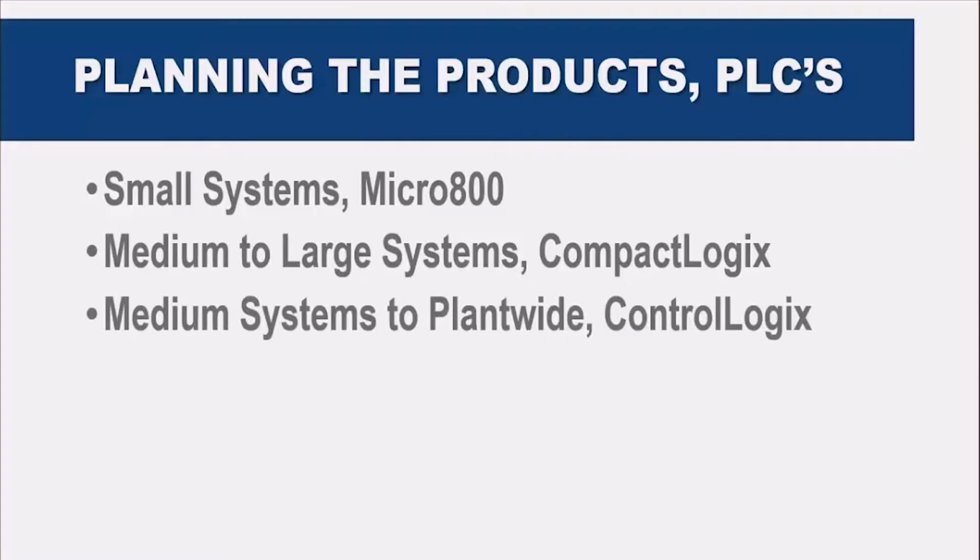Medium size to plant-wide or enterprise level, some people hear that word, certainly it could be Compact or ControlLogix as well. In most instances, though, when you're talking about plant-wide control systems, you'd like to go into the ControlLogix family.